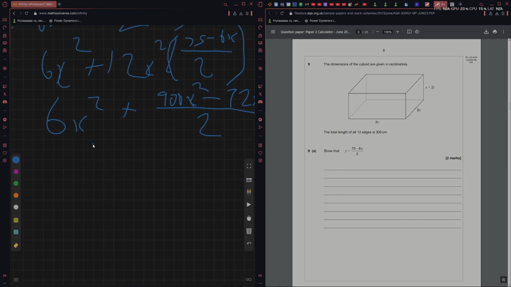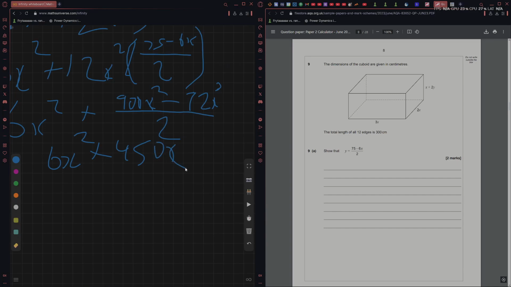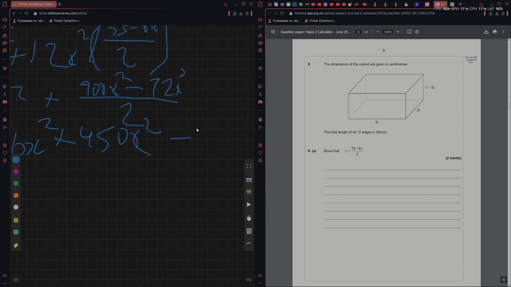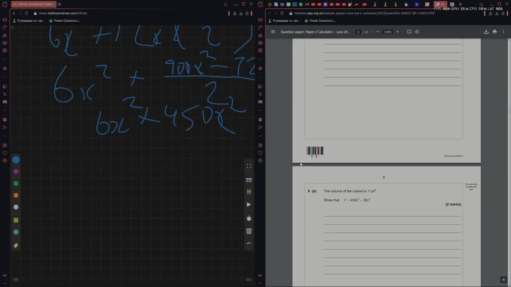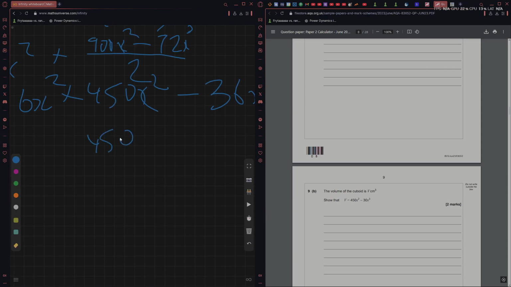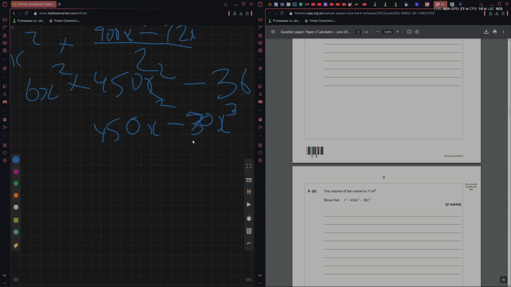So now we do 6x cubed plus 450x squared minus 36x cubed. So now we know it's minus 36 plus 6, so it's 450x squared minus 30x cubed. That is pretty interesting.